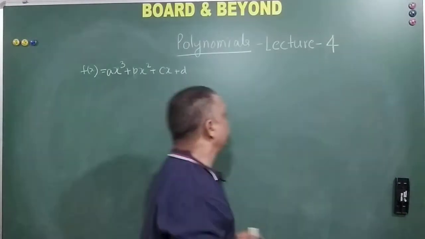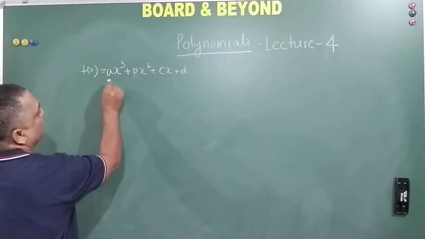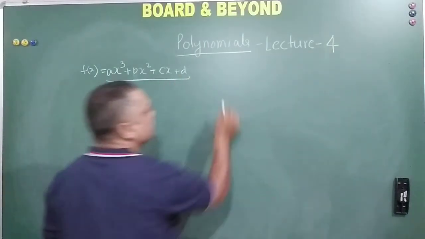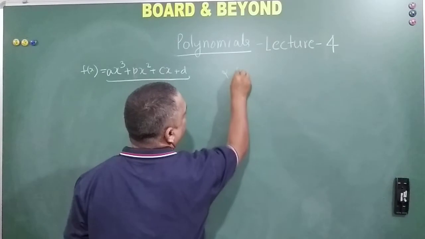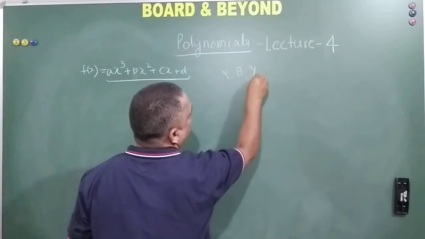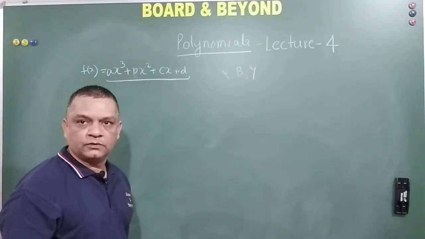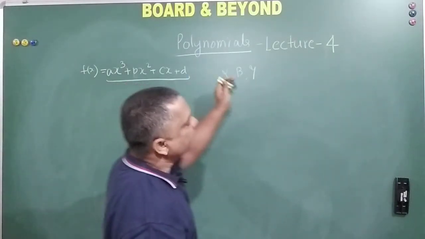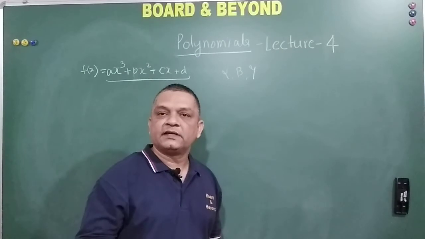Let's get going. Okay, so this is the standard form of a cubic polynomial. Let's say alpha, beta and gamma are the 3 roots for this cubic polynomial. Now when we are given these 3 roots, what does it signify?